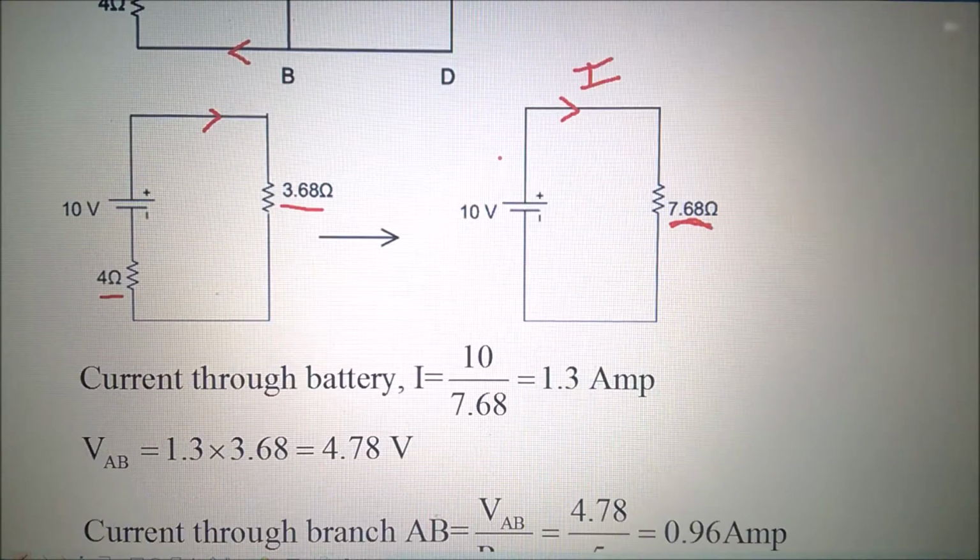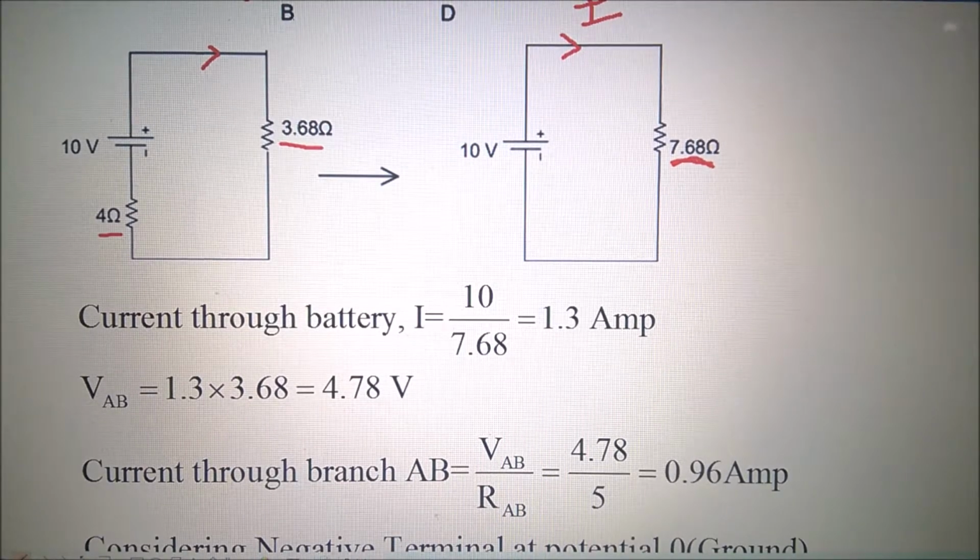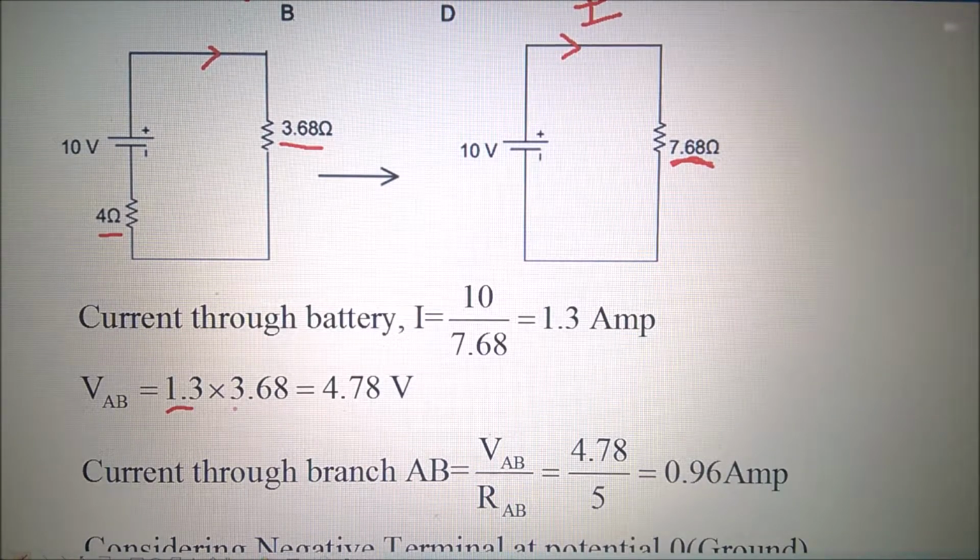As we found that current I is flowing through the battery, we can find the potential difference as 1.3 times the equivalent resistance between A and B, which is 3.68. If we multiply, then the potential difference between A and B is found.